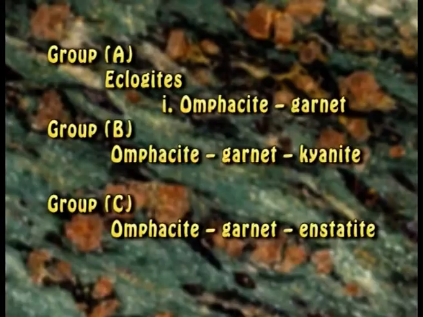Mineral assemblages. On the basis of common assemblages, we can observe three types of eclogites. Group A eclogites contain omphacite and garnet. Group B contain omphacite, garnet, kyanite, and group C contain omphacite, garnet, anorthite.